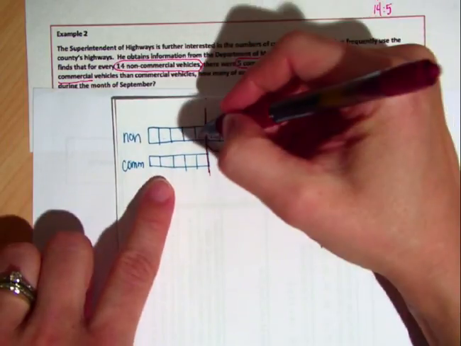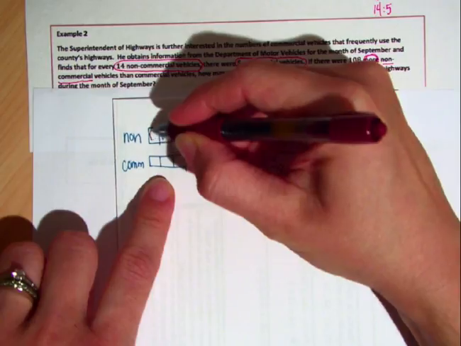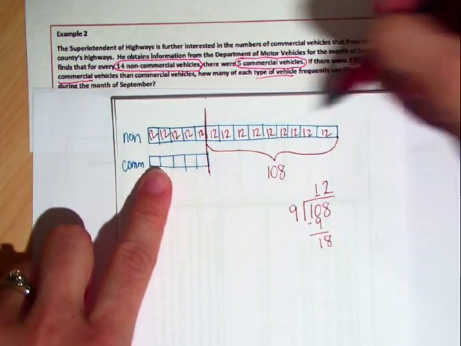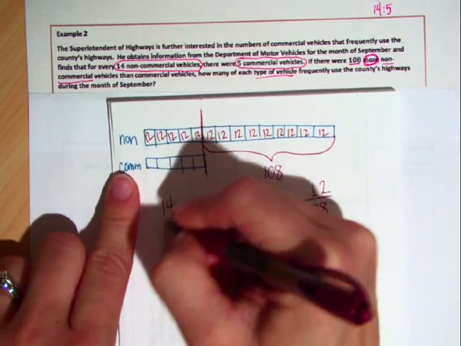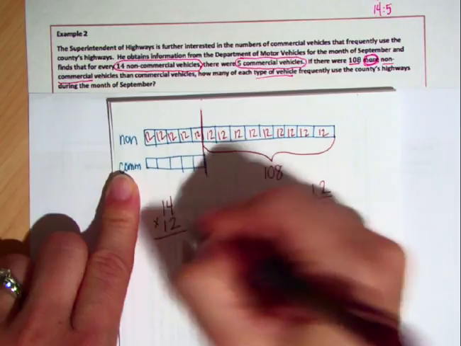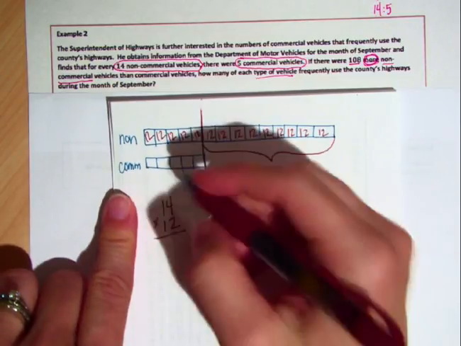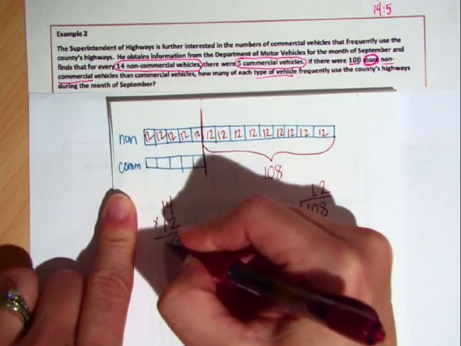Okay, so if each of these is also 12, we're going to go back to that same method we used for the first example. There were 14 non-commercial vehicles, so I'm going to take 14 times 12, because there are 12 in each, 12 times 14. 4 times 2 is 8, 2 times 2 is 1.